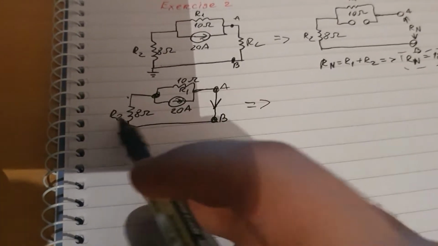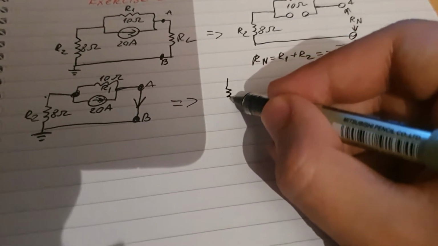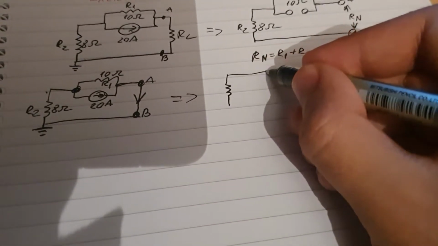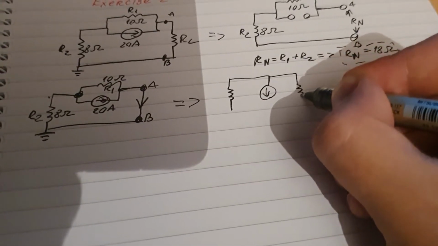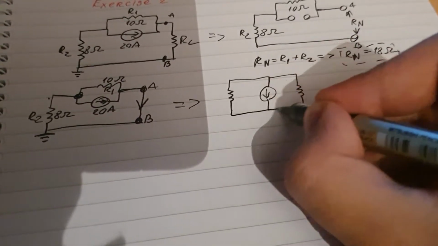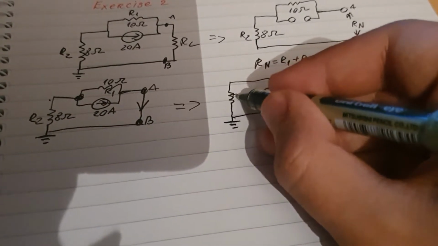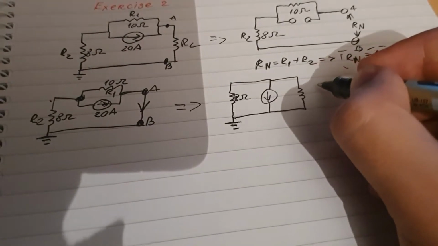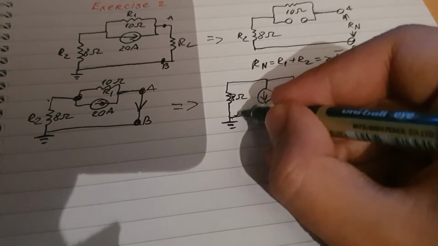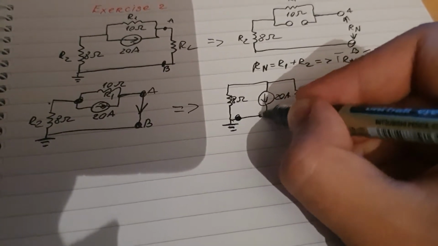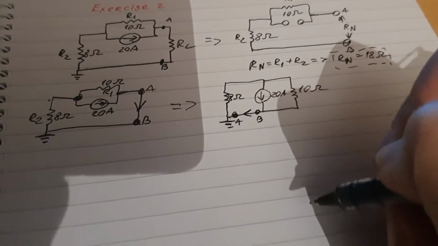So by knowing this, we can redraw it this way, which will make it a lot easier to understand. There you go, there's the current, there is another resistor, and all of them are connected together, and here is the ground. Here's the 8 ohms, here is the 10 ohms, and here's the 20 amps. And we need to find out this wire here, A and B, the current flowing through here.